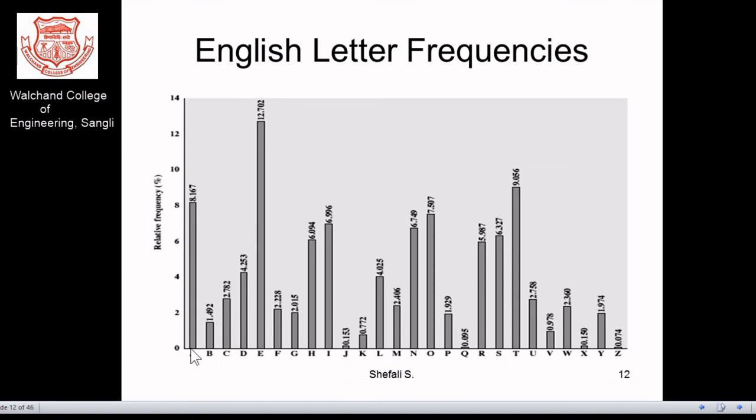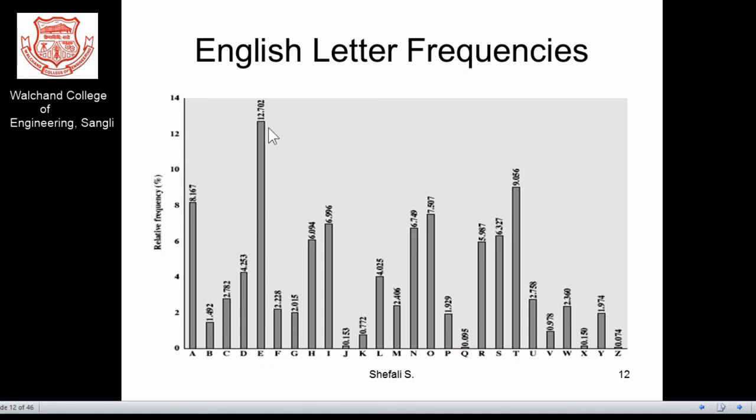The interpretation of this graph is that in the English language, the occurrence of A is somewhat 8%. The value of B is around 1 point something percent.